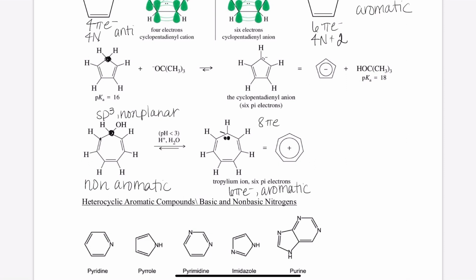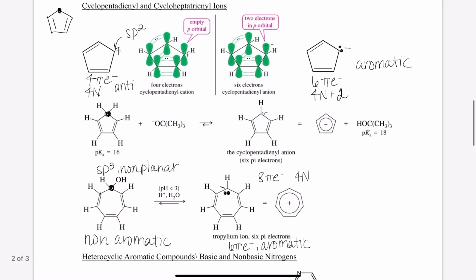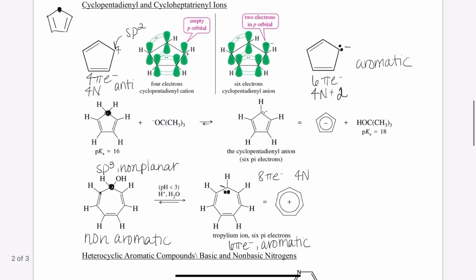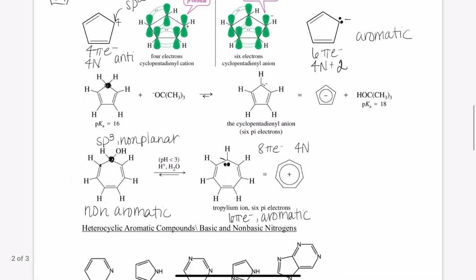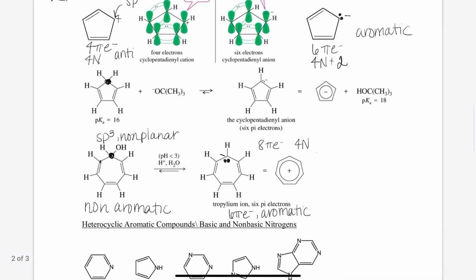And 8 pi electrons follows our 4n rule if we use 2 as our integer. 4 times 2 is 8. Therefore, the cycloheptatrienyl anion would be antiaromatic.